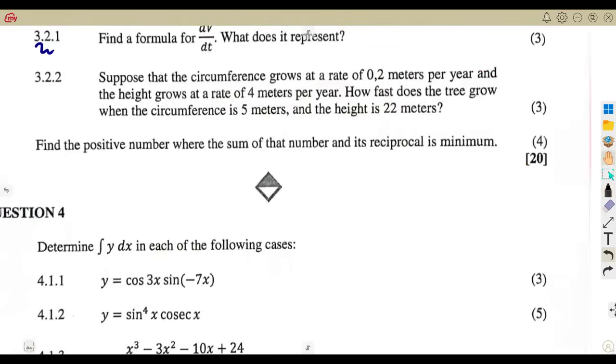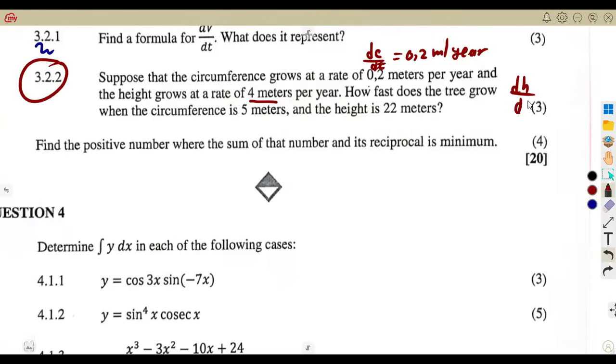And from 3.2 now, they want you to suppose that the circumference grows at a rate, they are saying dc dt, of 0.2 meters per year. Remember, time is taken in years. And the height grows at, meaning dh dt, 4 meters per year, each and every year.